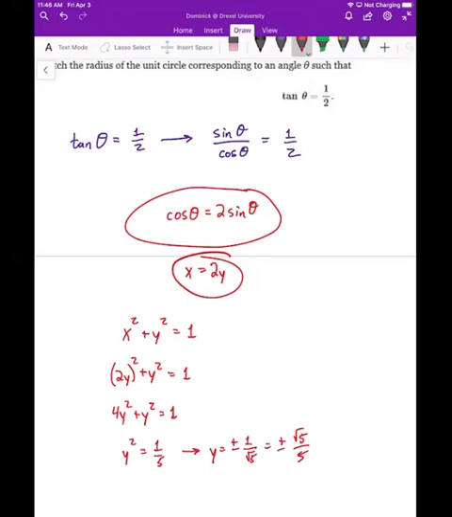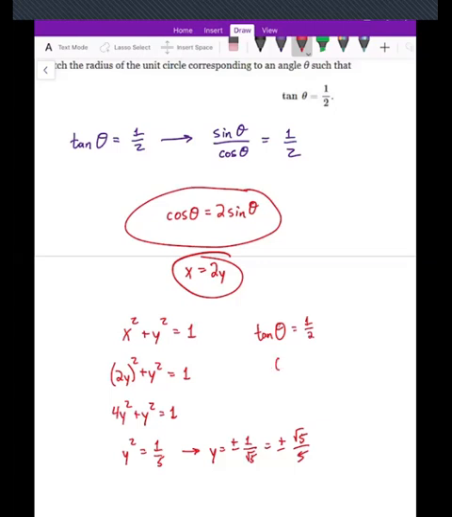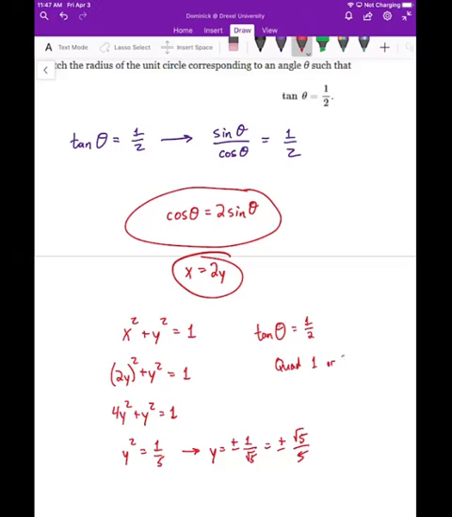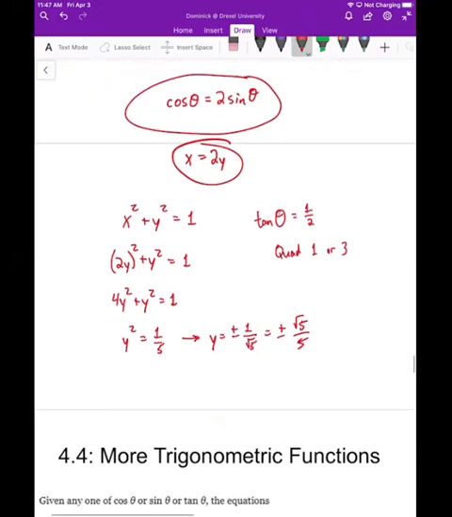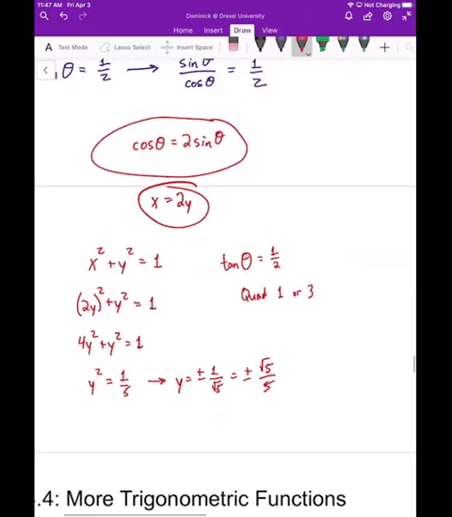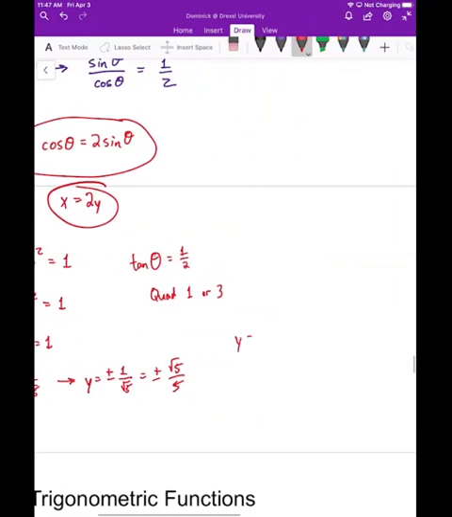Okay. Now again, we know that tangent of theta is not only 1/2, but it's a positive 1/2. So this tells us that we're in quadrant 1 or 3. All right. And we know that if y, for example, is positive square root of 5 over 5, then x better also be positive so that we can get our tangent to be positive.